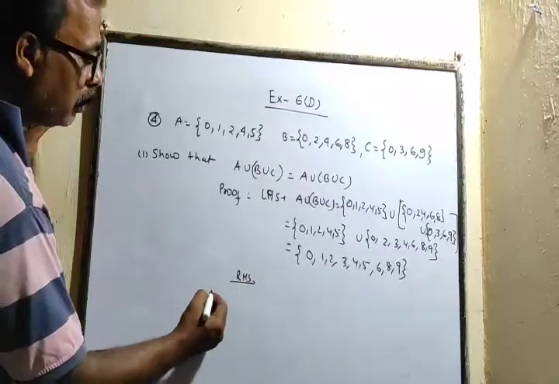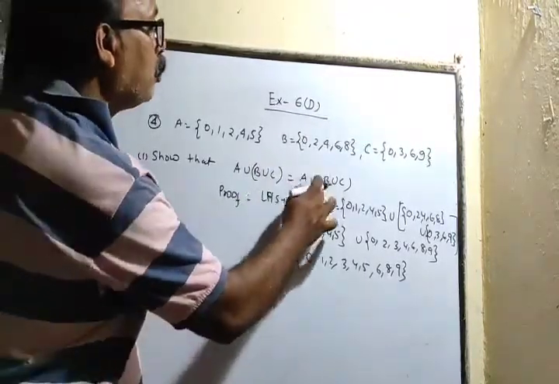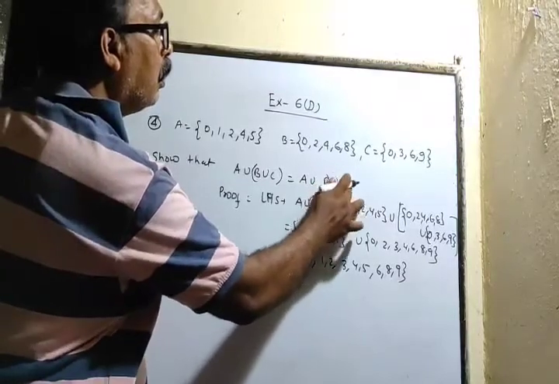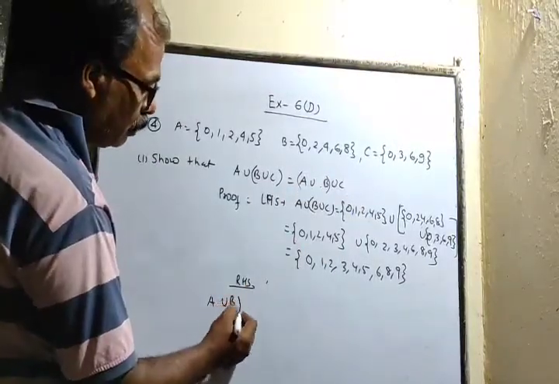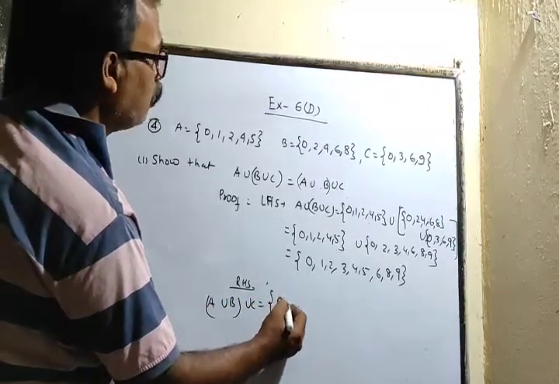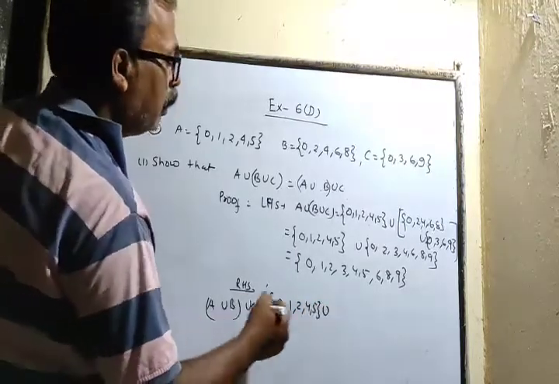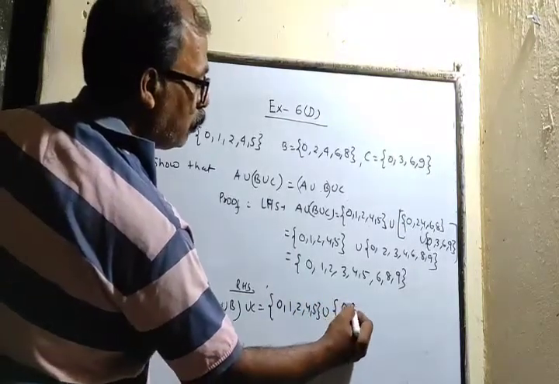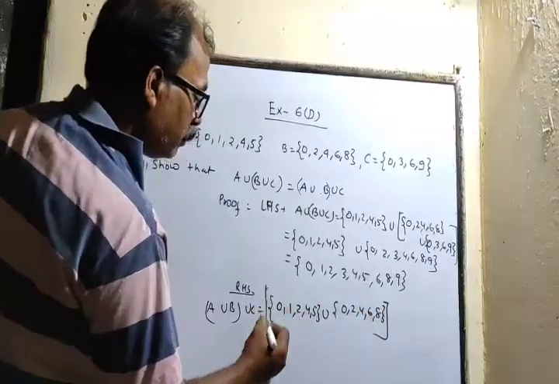RHS is (A union B) union C. So A is given as {0, 1, 2, 4, 5}. Its union with B, {0, 2, 4, 6, 8}, together gives 0, 1, 2, 4, 5, 6, 8.